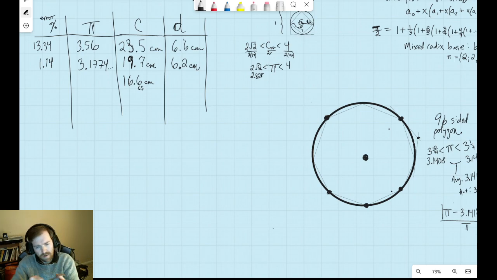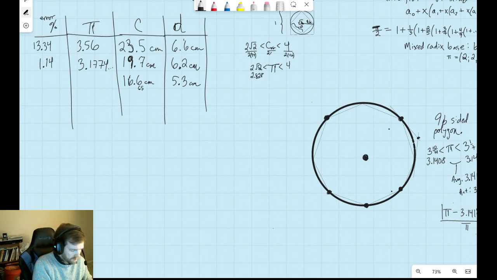That's about it. 5.3 or just under. So 16.6 divided by 5.3.